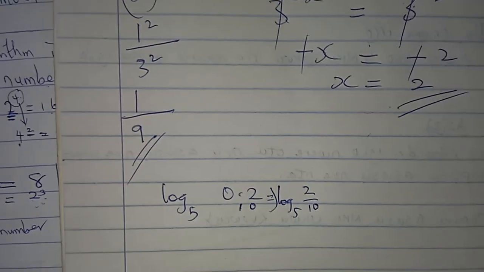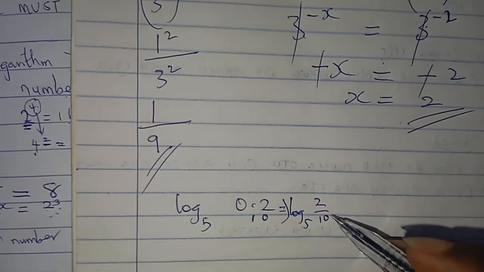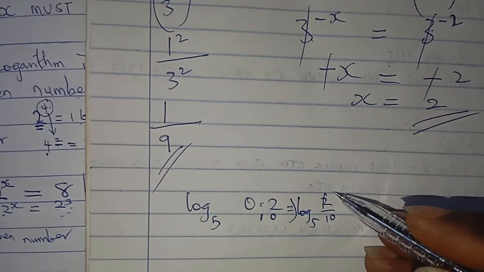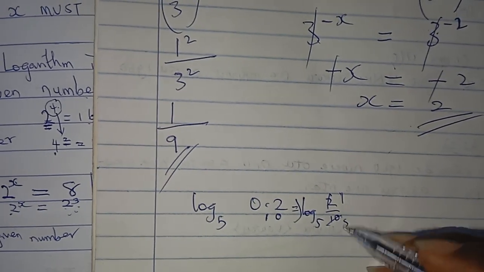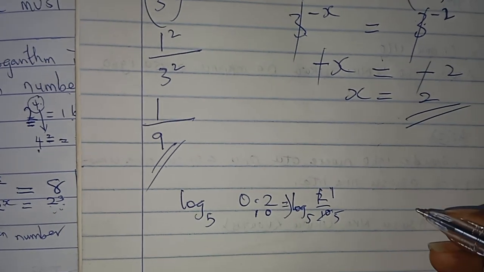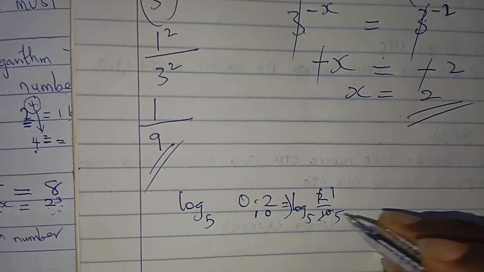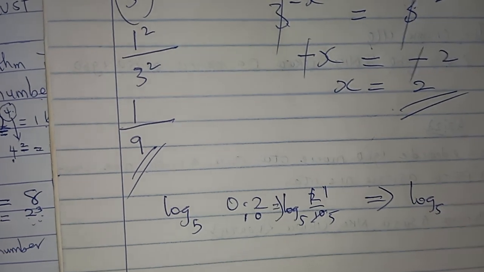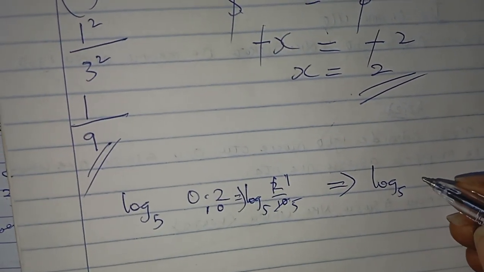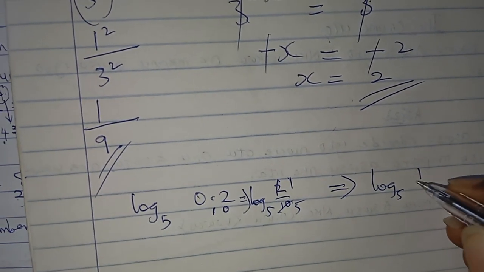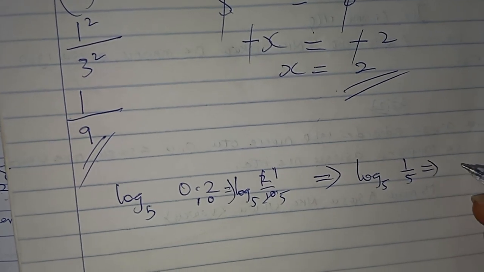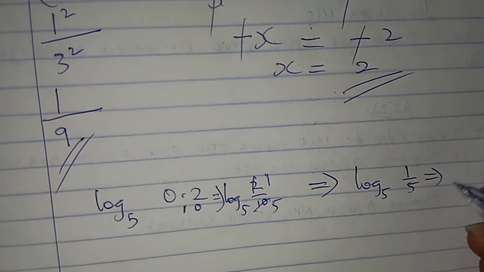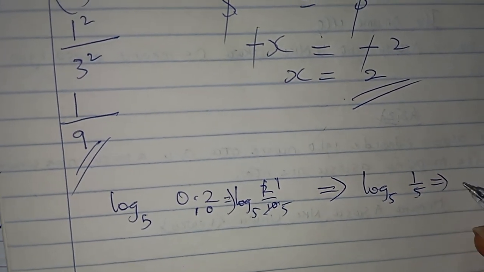So if I know this, I can simply check 2 go 1, 2 go here 1, 2 go here 5. This is the same thing as saying, I'm trying to reduce it to lowest form before I start solving anything. Log 1 over 5 to base 5. And I know that anytime 1 is the numerator, it means that the denominator has a negative power.